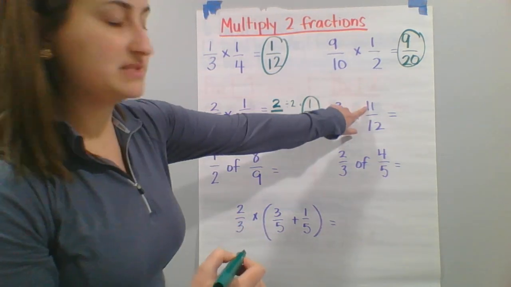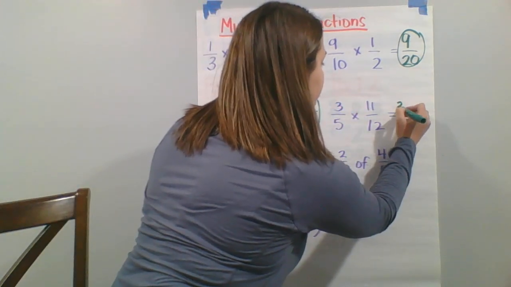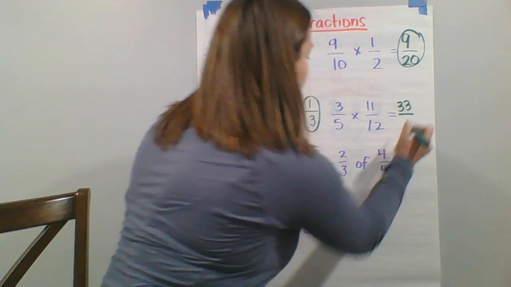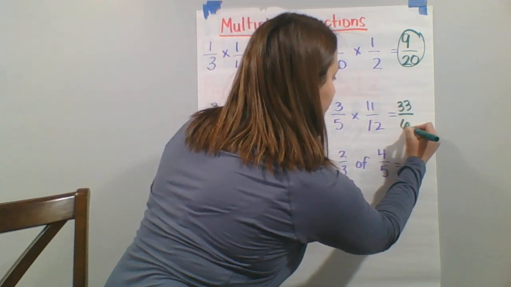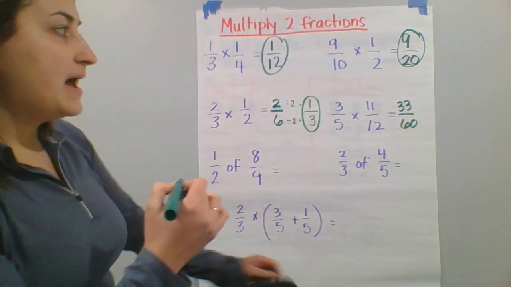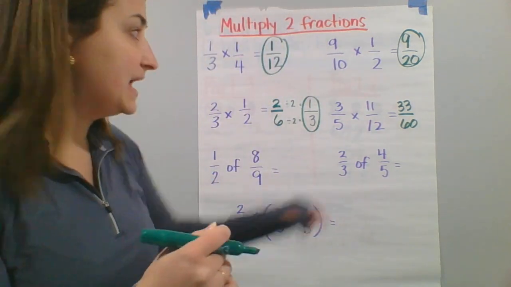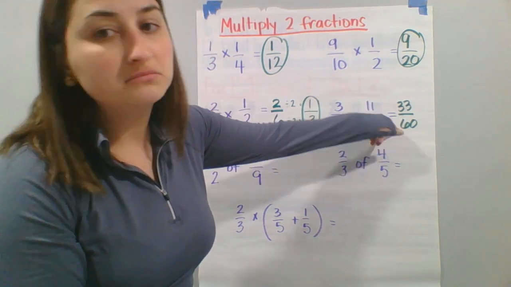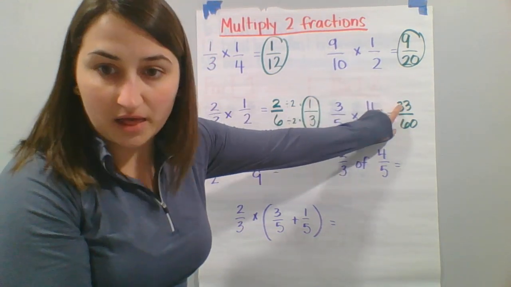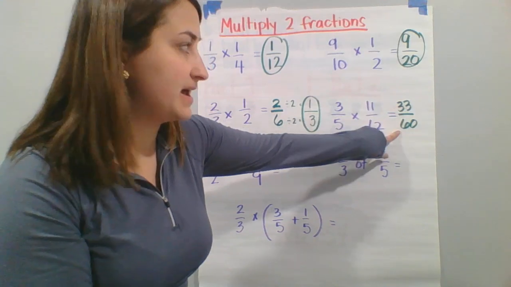Next one, 3 times 11 is 33. 5 times 12 is 60. And then we want to look at this problem. Can 33 equally go into 60? No, but are there any other numbers that I can use to divide?